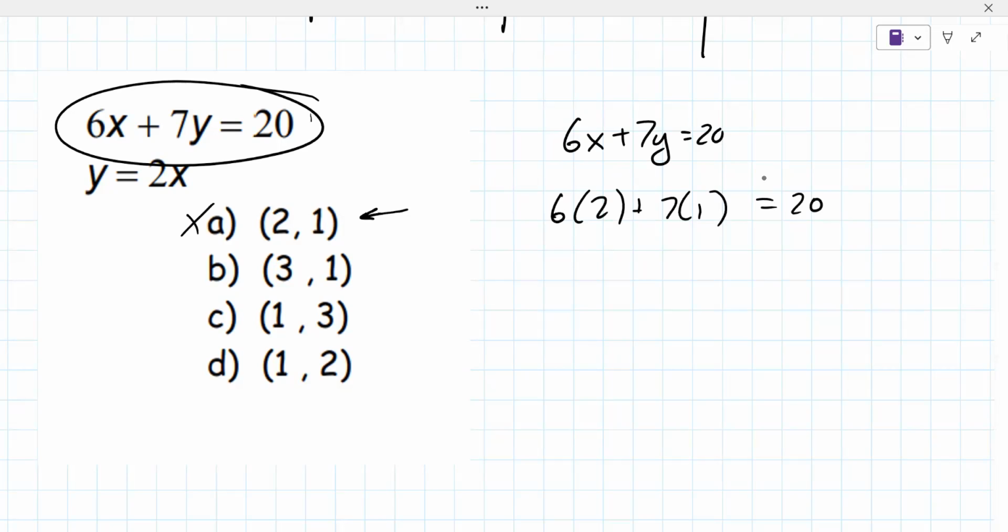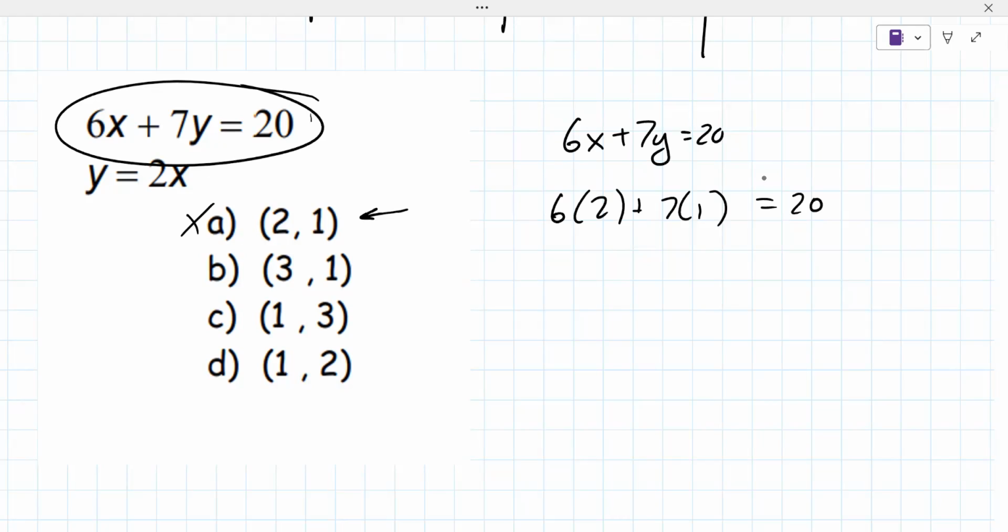Let's try another one here. Or you try the next one, see if it works. 6 times 3, so 18 plus 7.